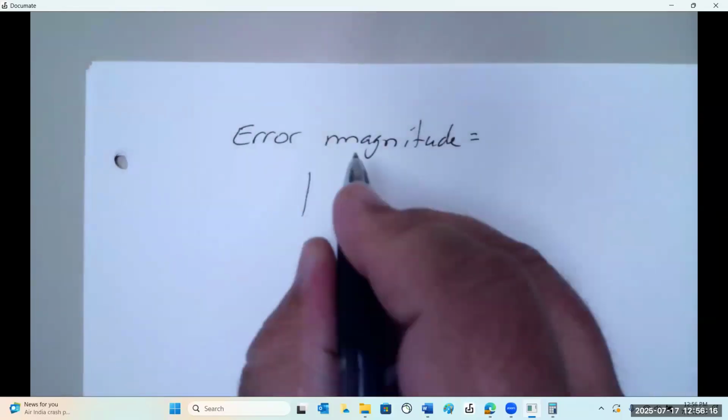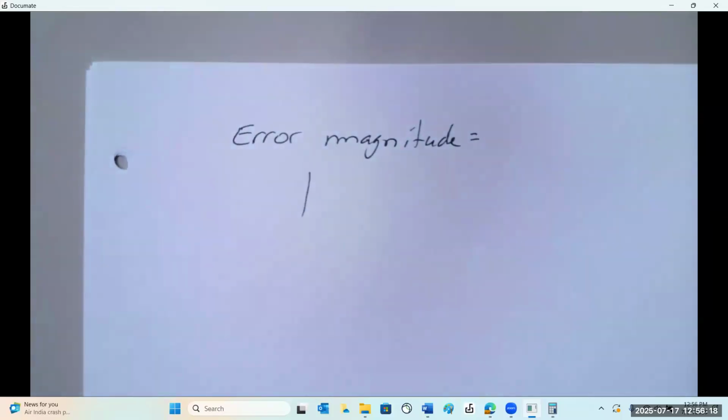The error magnitude is a numerical distance: how far your estimated value is from your exact value, what it's supposed to be.